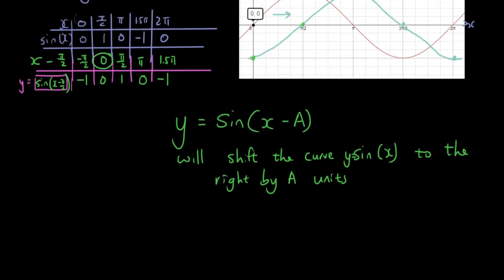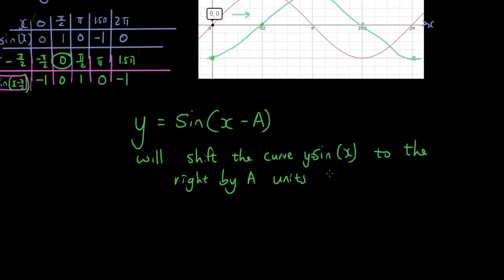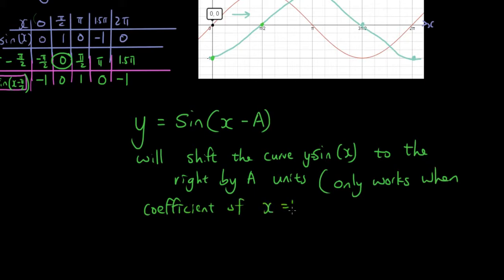But the important thing here is to note that this only works when the coefficient of x equals 1. So this number in front of x has to equal 1. If it equals something else, then I'm going to cover what to do in the next tutorial.